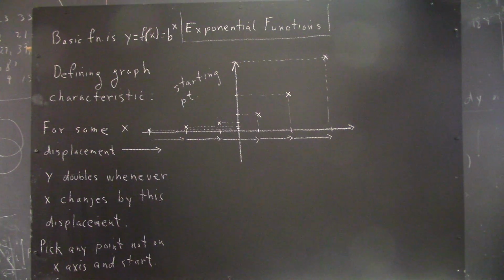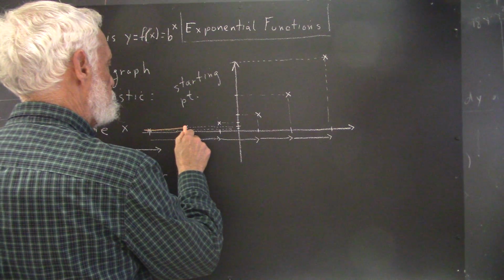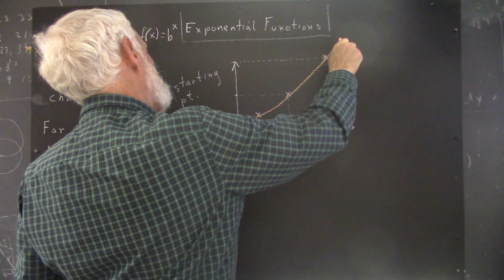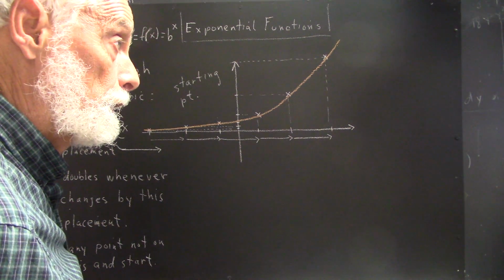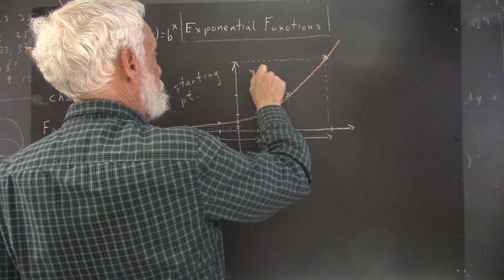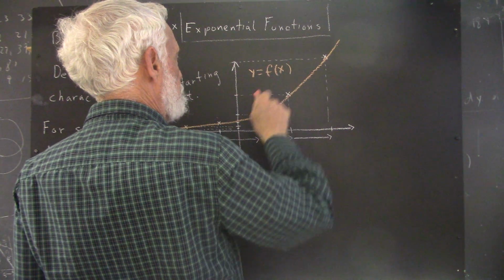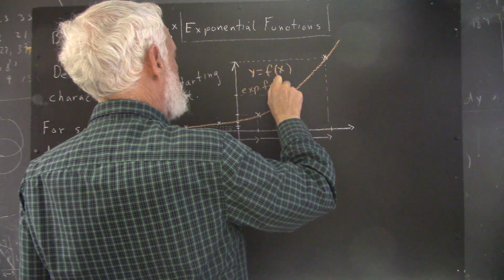Okay? And now we can connect these points with a smooth curve. And here we have a graph of an exponential function. So this is a graph of y equals f of x, an exponential function.